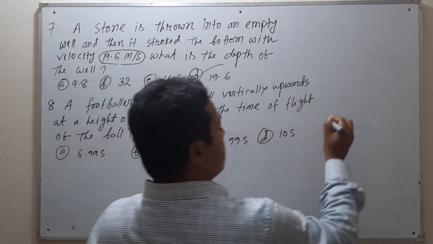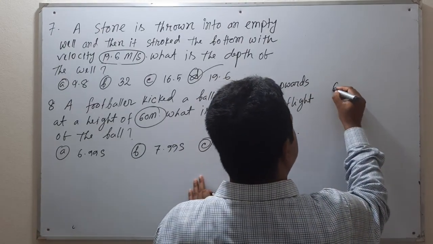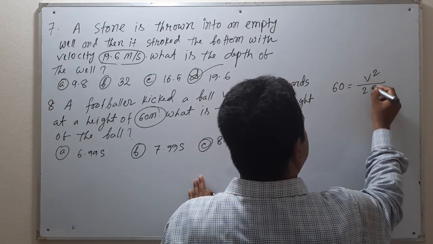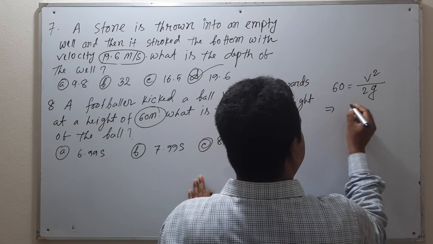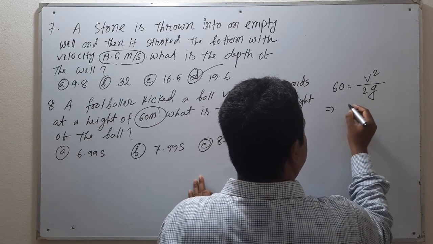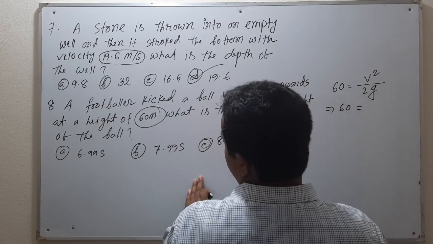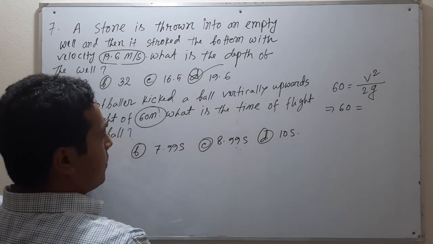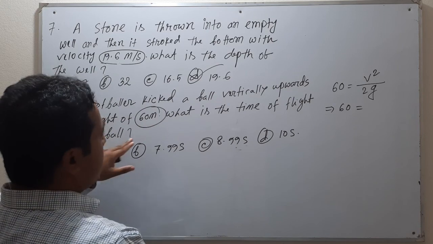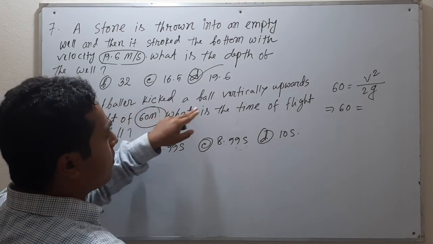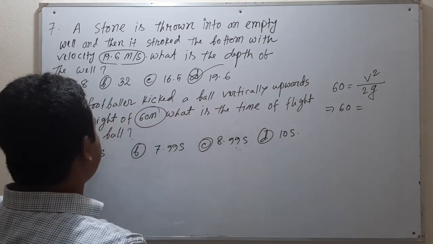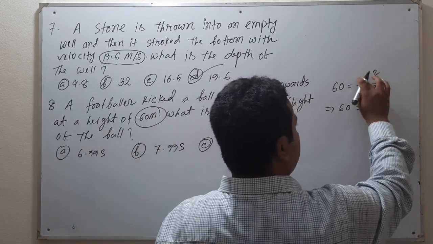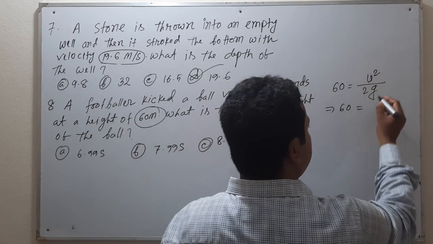Okay, greatest height h is equal to 60, which is equal to u square divided by 2g. So we need the velocity, since we need the value of time of flight.